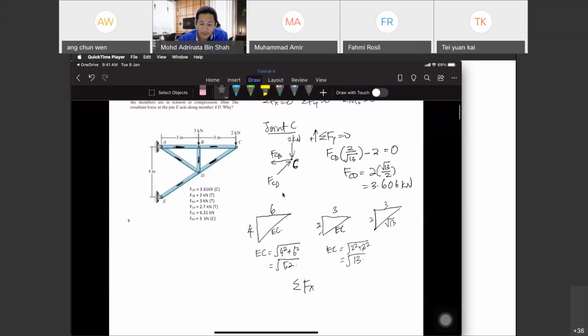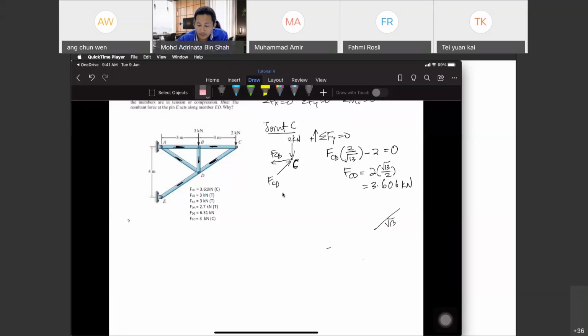Can I erase this one so that we can use Fx equals 0.